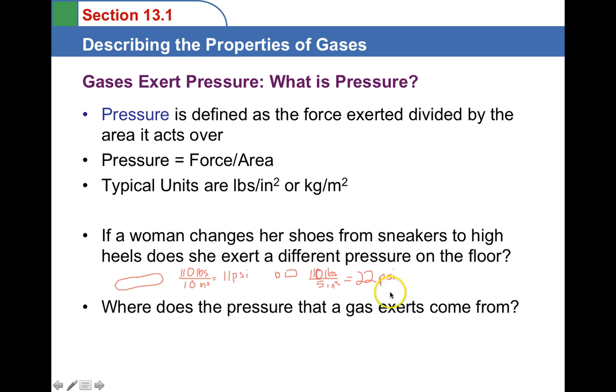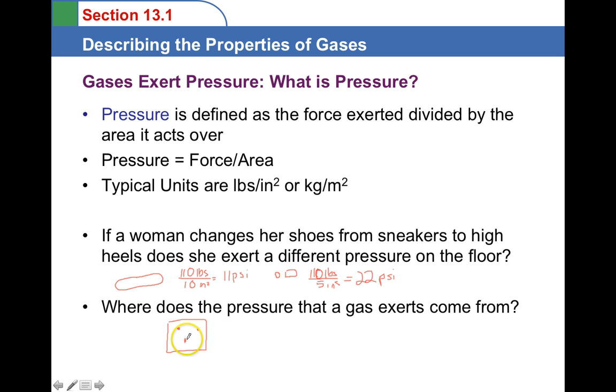Next, where does the pressure that a gas exerts come from? It makes sense when it's shoes, but when we start talking about air molecules, it's a lot harder to understand. Here's a box, and here are a couple of molecules of a gas, any gas you want.